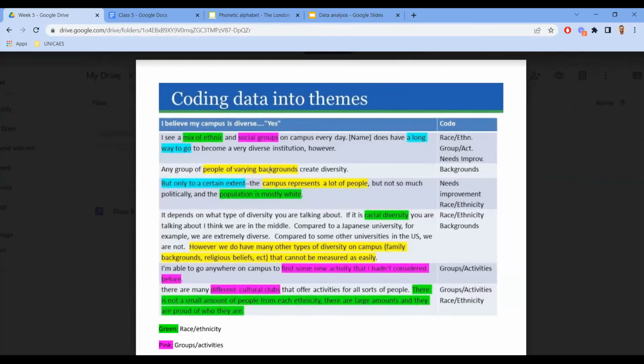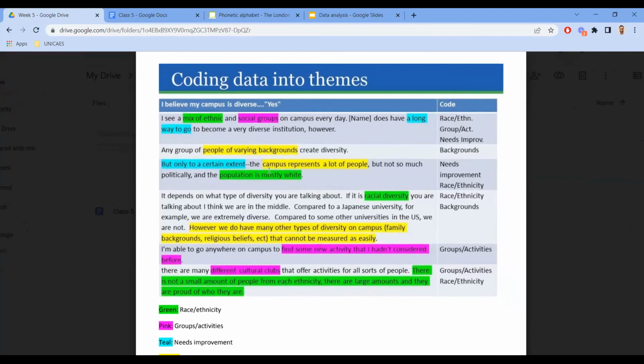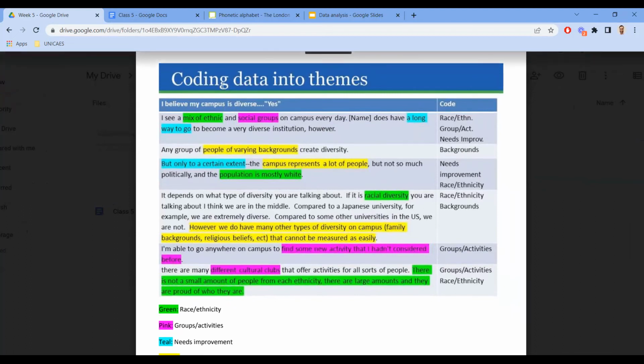How do we code information? When you have your information, it may be that there are different things related to the same topic. For example, this document says coding data into themes.